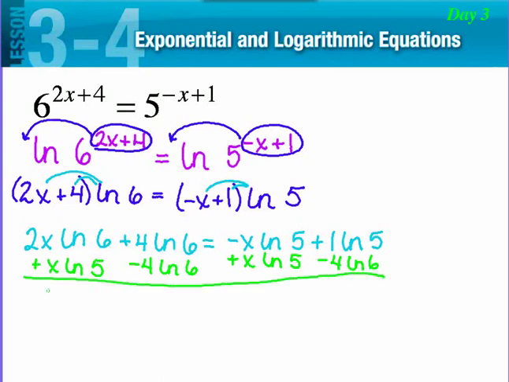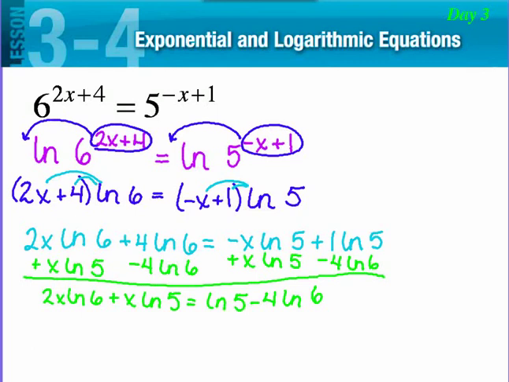Okay, so I end up having 2x ln of 6 plus x ln of 5 equals ln of 5 minus 4 ln of 6. Okay, so far so good?